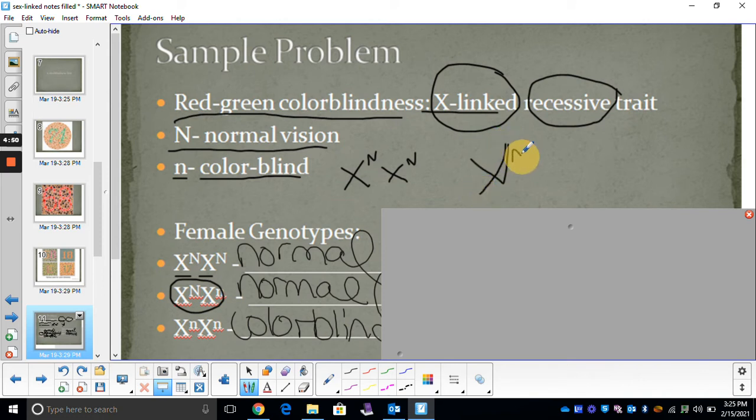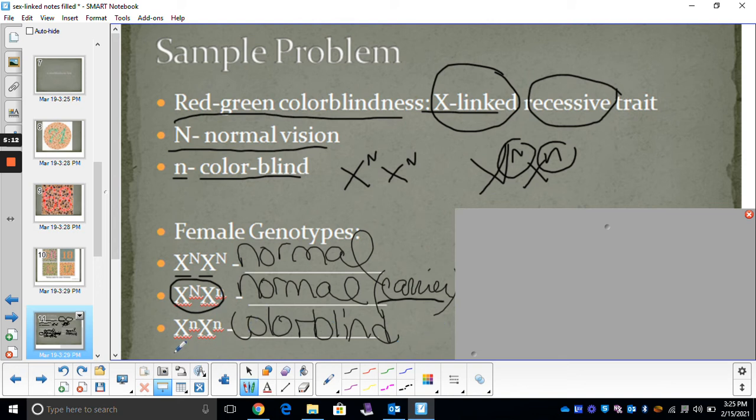She has one normal gene, and she has one of the color blindness genes. Now, because color blindness is recessive, the normal gene will overshadow the color blindness gene. So that's good for the female. She doesn't have color blindness, but we call her a carrier. She could pass it on, which I'll show you in a moment.